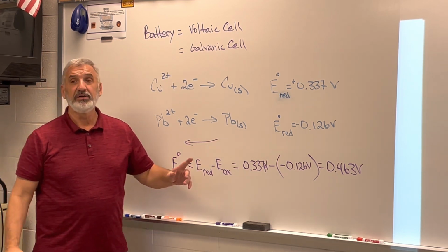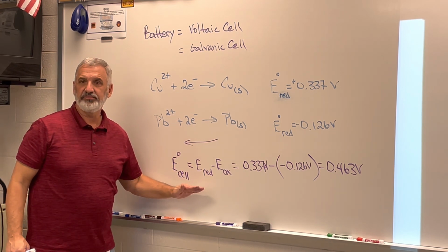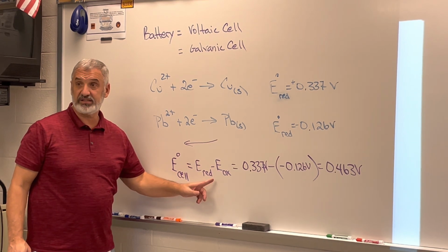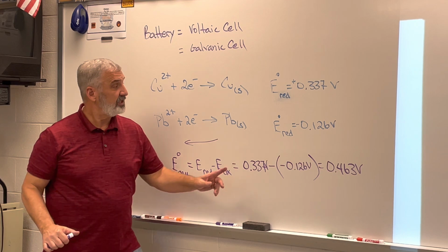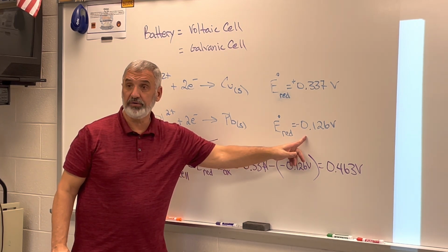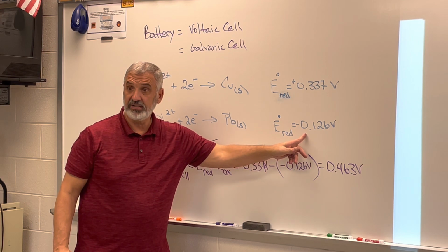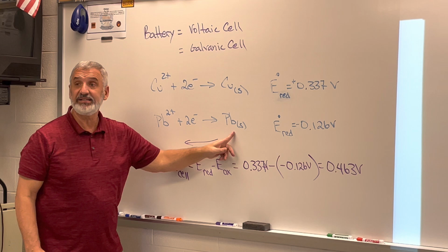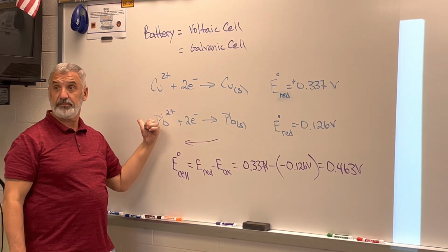Now, some books say E red plus E ox. But if you do plus, you have to change this sign on your own, because the oxidation is going to be the reverse. If the reduction potential is negative 0.126, lead's oxidation potential is positive 0.126, going the other direction.